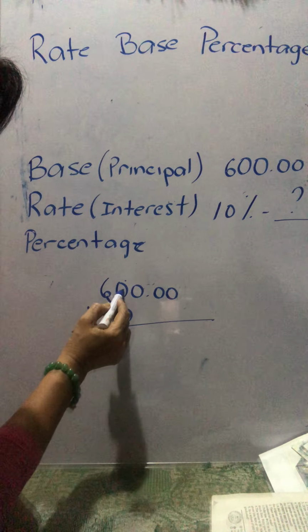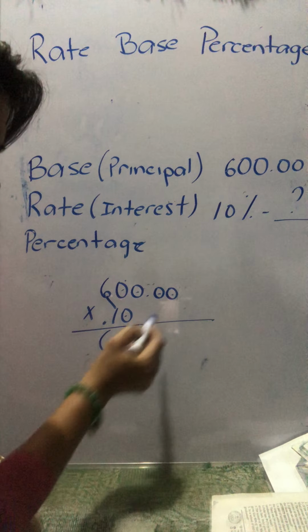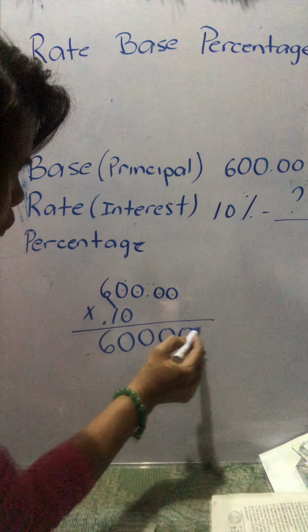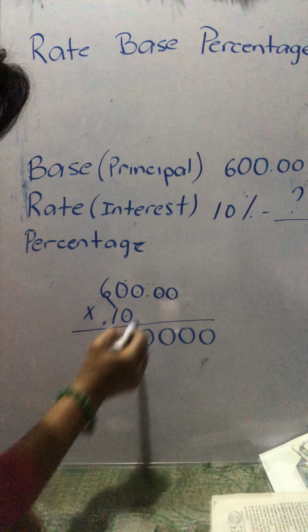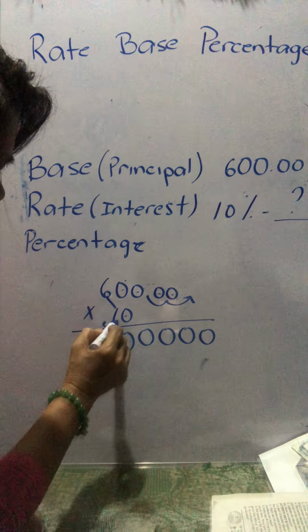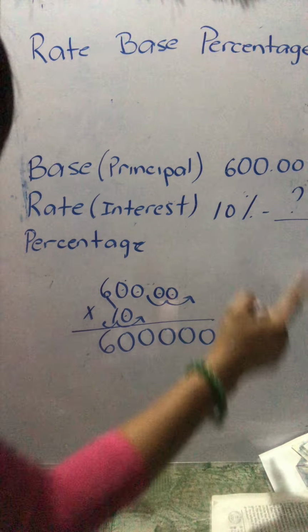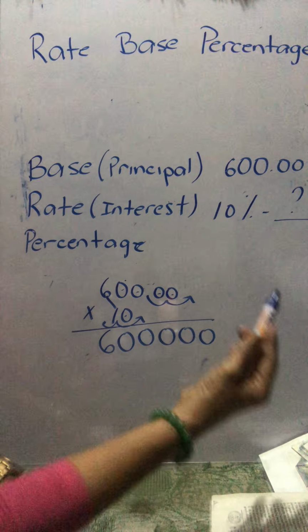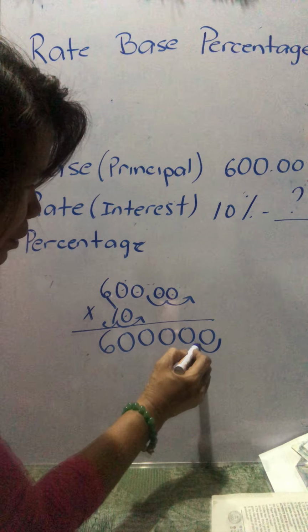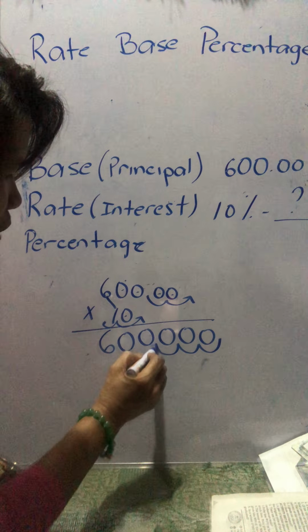1, 2, 3, 4, 5. Okay, so this would be 1, 2, and then 3, 4. So, you have to put the decimal point backwards. Pabalik kayo, ha? So, 1, 2, 3, 4.